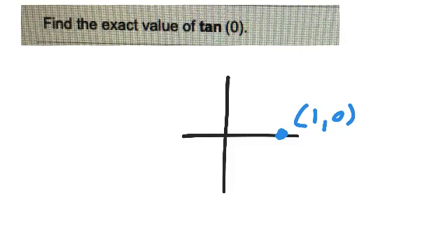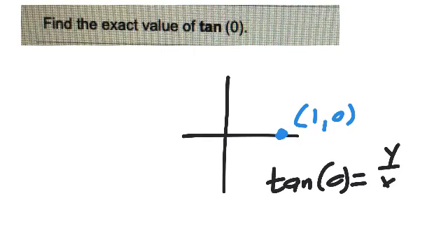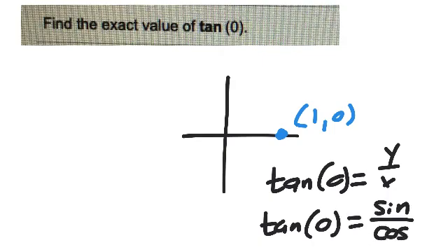So right here, if I was asked to find tangent of 0, we know tangent is y over x, or tangent is sine over cosine. Sine is the y, cosine is the x.